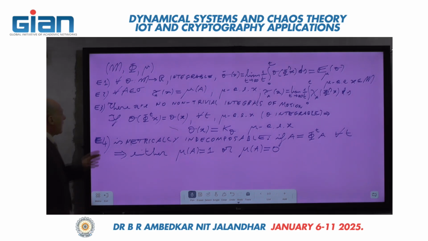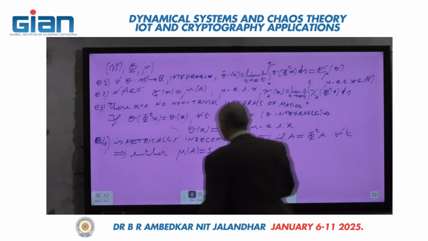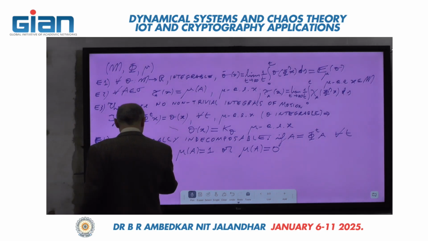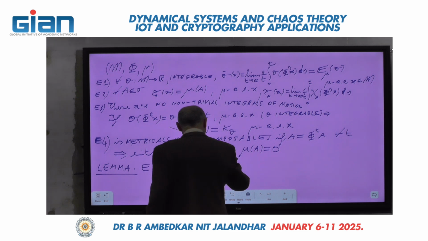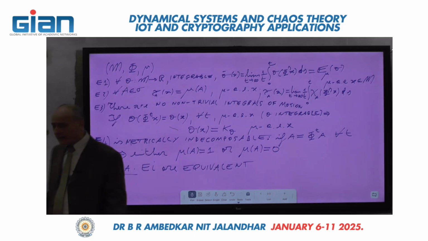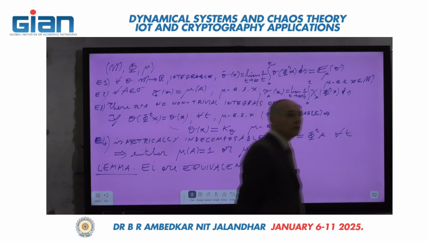Okay? Now, lemma. The E_i are equivalent. Okay? Which means that if you can prove the validity of one, then all the others hold. Or if you assume that one holds, then all the others follow.